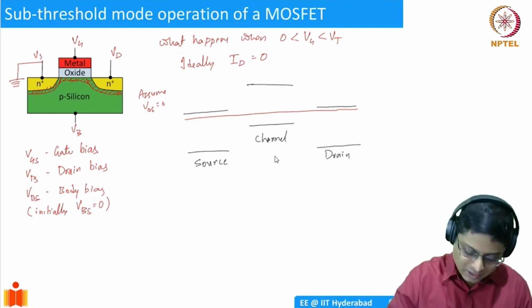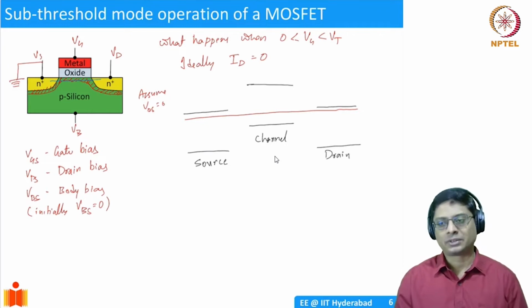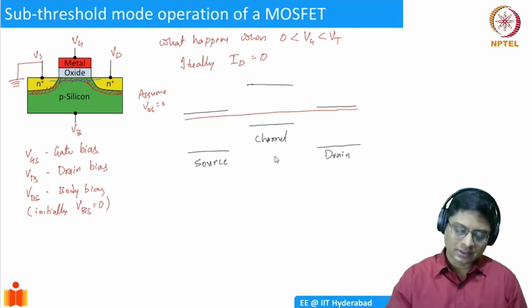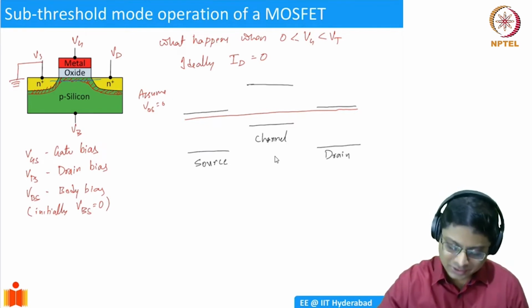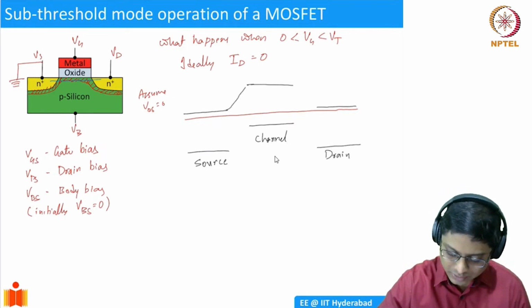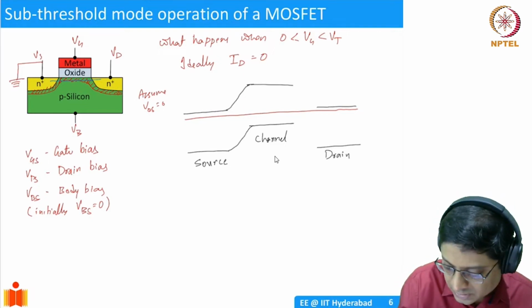I'm drawing the band diagram across the channel. How do we connect this? We have to connect them in such a way that the band gap is maintained. So here it should be connected like this, and on the other side, it should be connected like this.